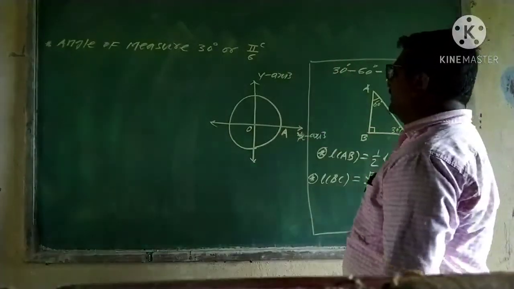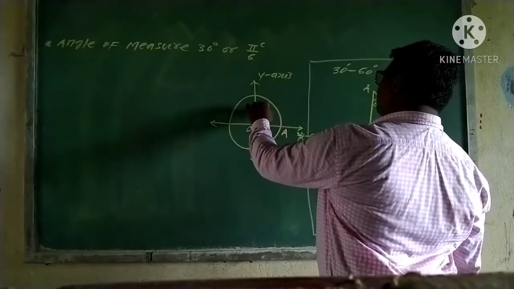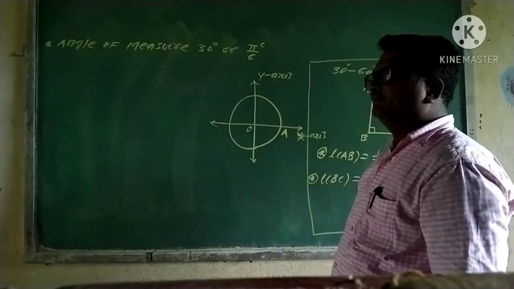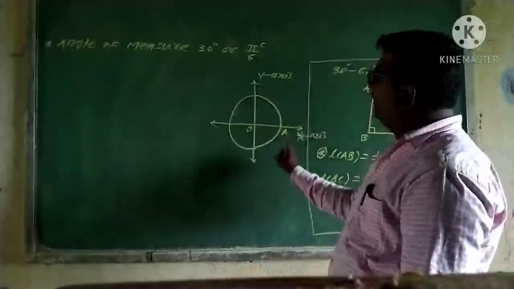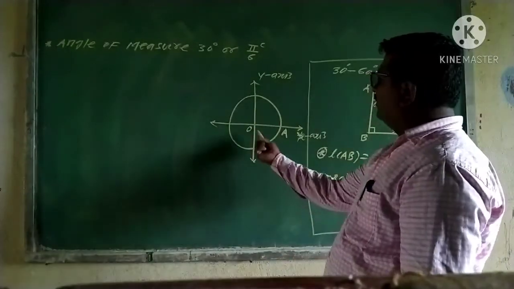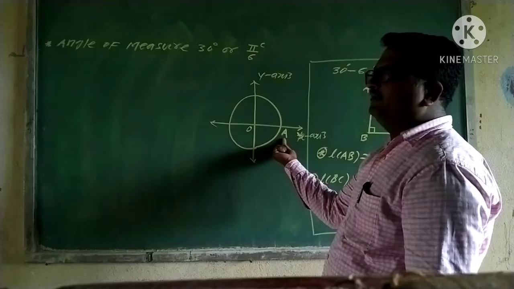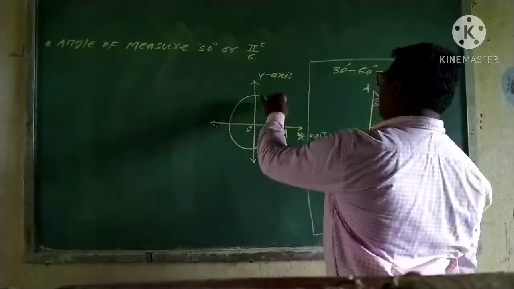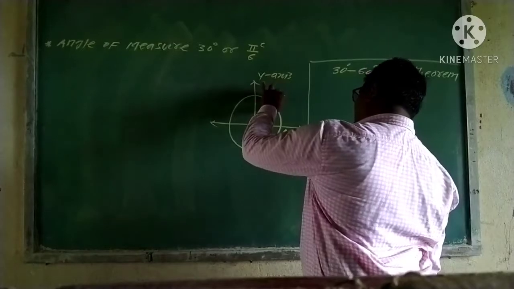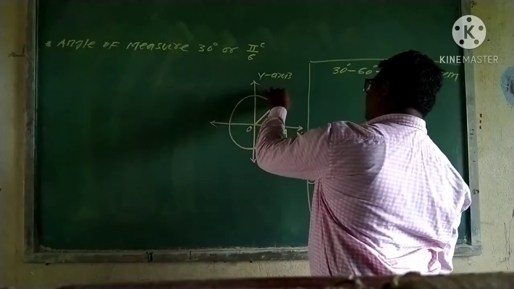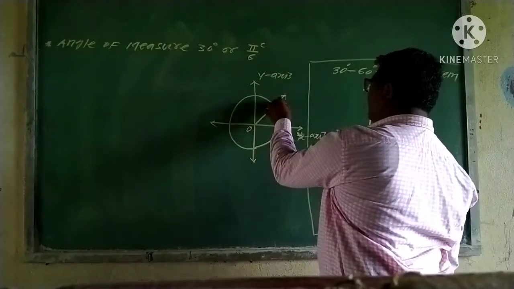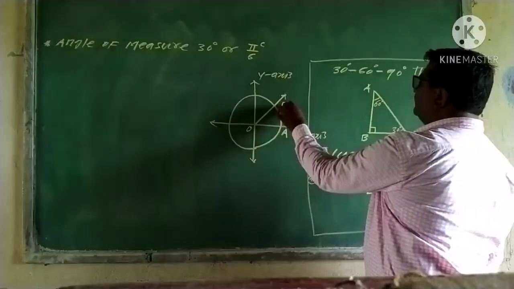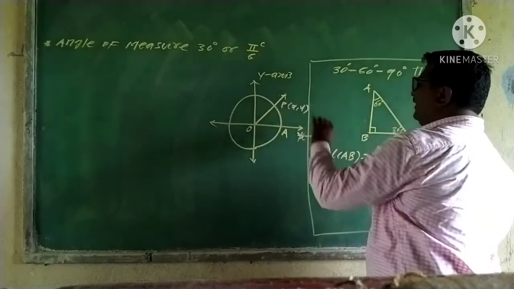Now here consider that the ray, आपण या ठिकाणी टर्म्स काय कन्सिडर करणार, we have to draw the angle of measure 30 degree, so we consider OA be an initial ray. Now we draw here a terminal ray. Consider that OP be a terminal ray, and this P having coordinates x, y.